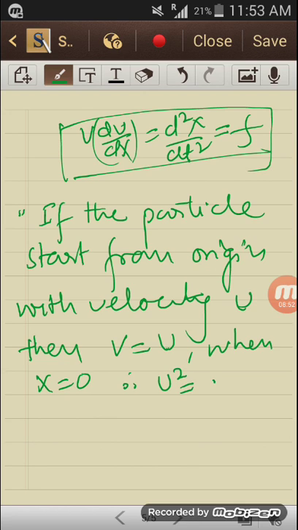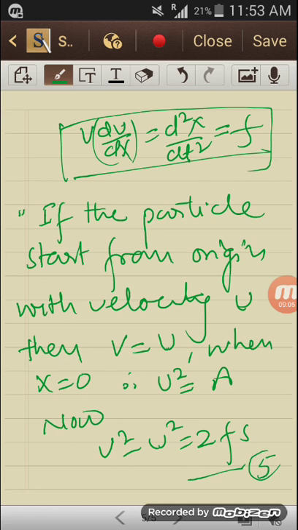Now the equation becomes v square minus u square equal to 2 f s. This is expression 5.